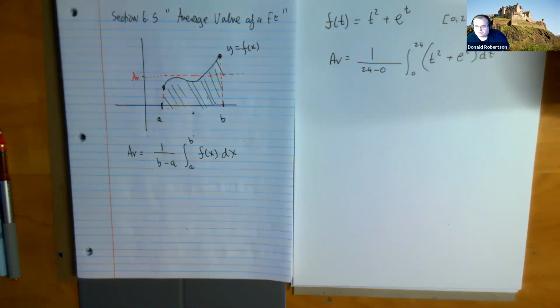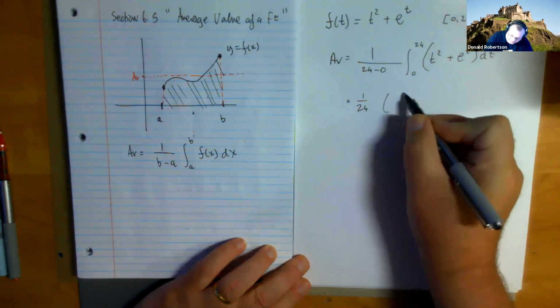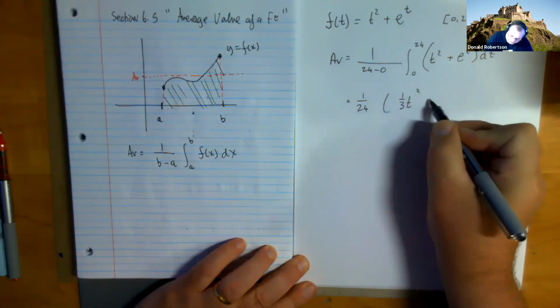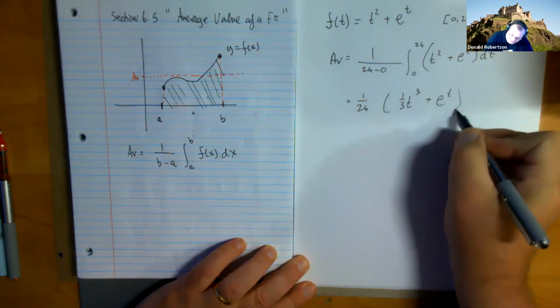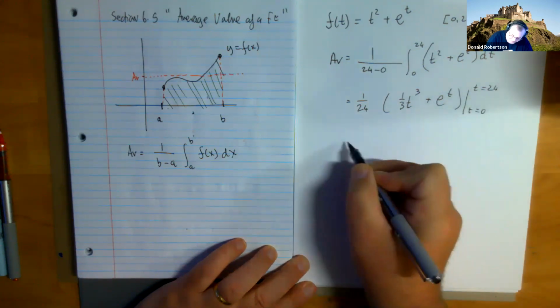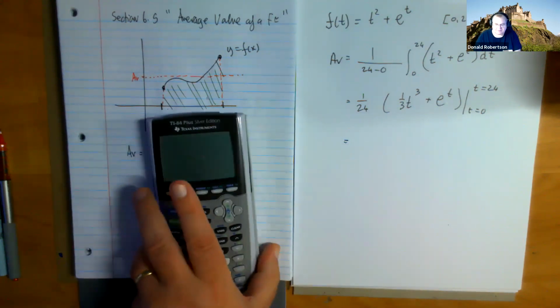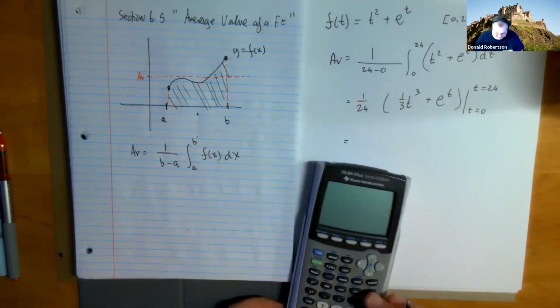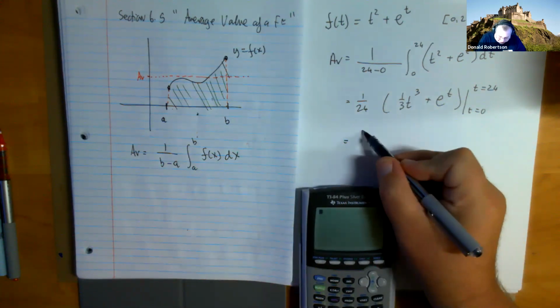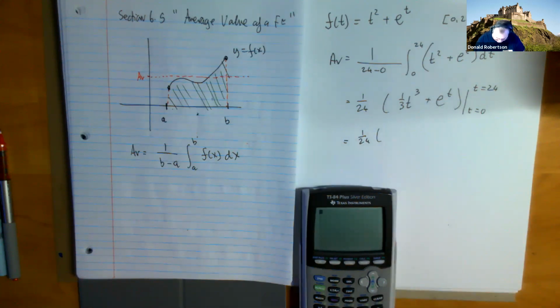Would you agree that the formula is pretty simple? It's really just an integral with a little fraction stuck at the front. In this case, the fraction is 1/24. This fella is a little bit messy, 1 over 24 times t cubed over 3 plus e to the t, evaluated at 0 and at 24, which is why I got my calculator handy, because we're going to do a ridiculously big number in a minute. 1/3 times 24 cubed.